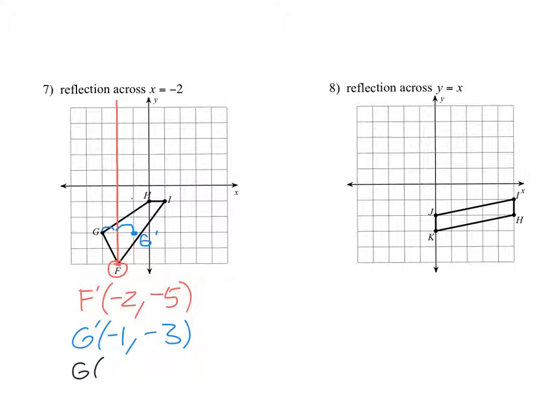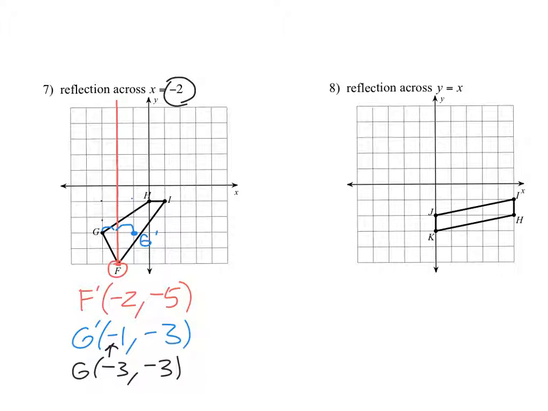The original G was at -3, -3. So what happened? This increased by how much? 2. So that's kind of weird, but what you do here, since x is -2 here, you add 2 to get your new x coordinate. Okay, let me show you another one.